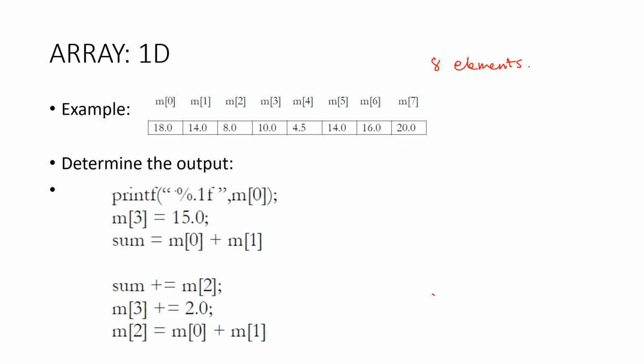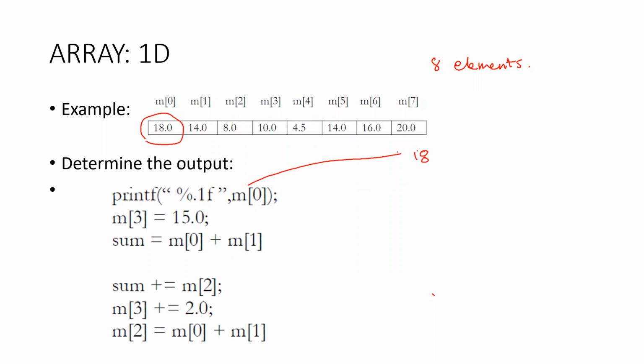Okay, kalau tengok kat sini, the first output printf only one decimal, and then M0, the output will be this one, 18. So the output for this one is dia akan keluar 18. So this is the first output.